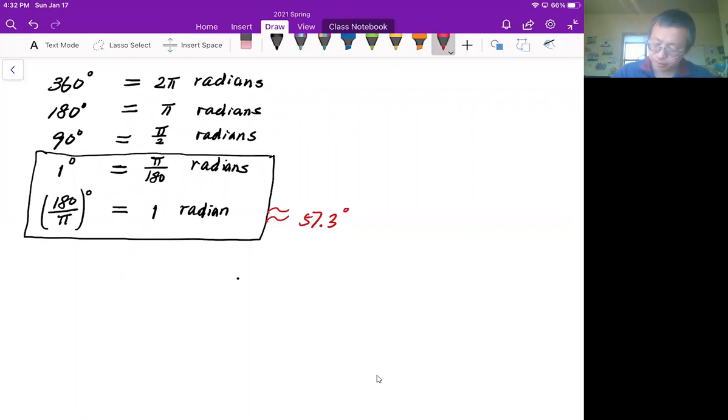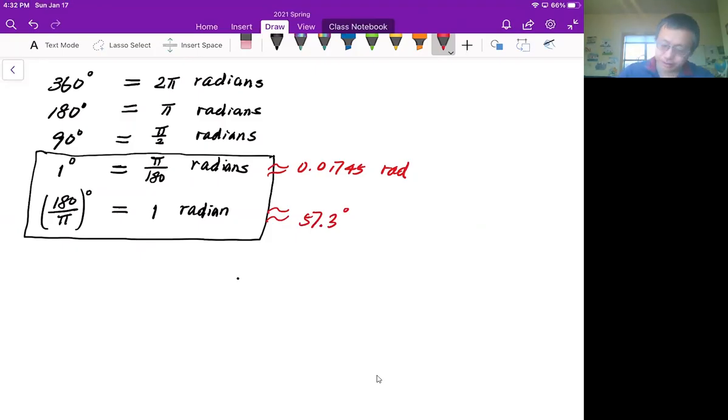And the other one, 1 degree is roughly 0.1745 radians. We usually just write RAD for radians.